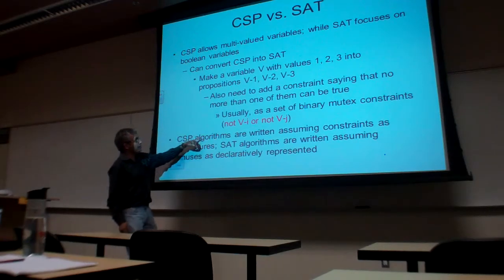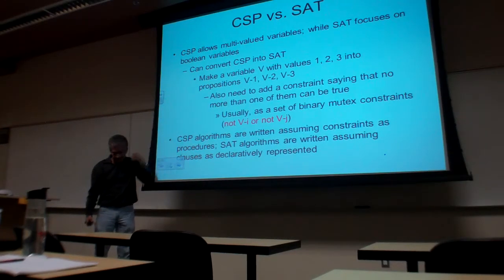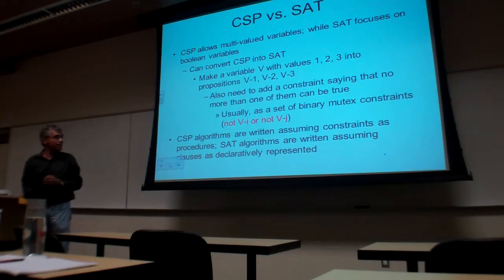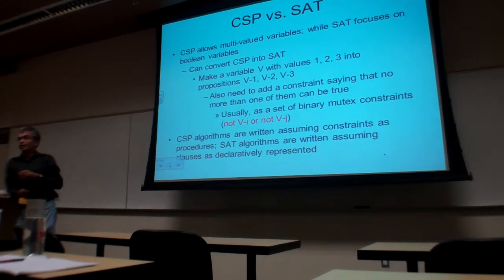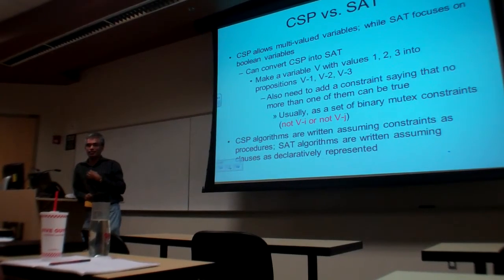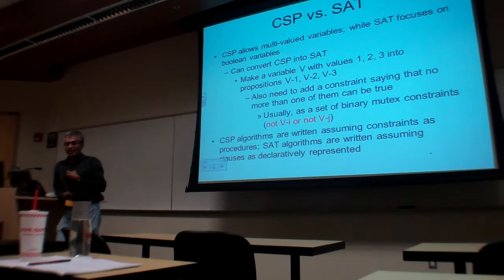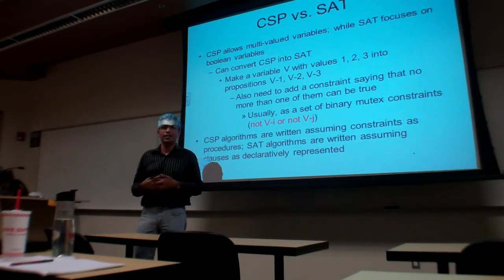The CSP algorithms, this is one important obvious difference between CSP and SAT. The other is that CSP algorithms are written assuming that the constraints are procedures. They essentially call the constraints and say, are you happy with my partial assignment? What that means is that whatever they do, they have to do it in terms of these calls.